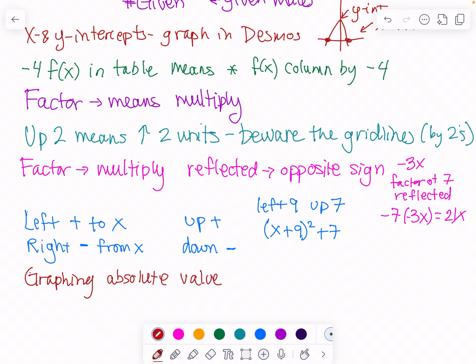If I did absolute value of 2x minus 24, it looked like it bounced off of 12. So look for this number, because that's what will help you.